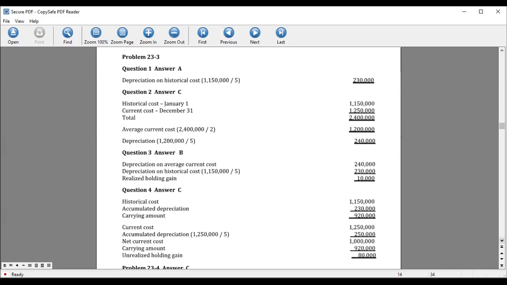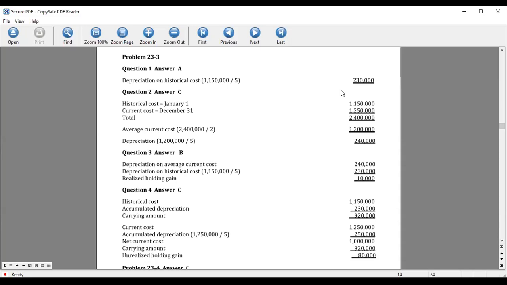Now, in question number 4, what is the unrealized holding gain on the equipment for 2020? So we have the historical cost of 1,150,000. We deduct the accumulated depreciation for 1 year in the amount of 230,000. So we have the carrying amount of 920,000.